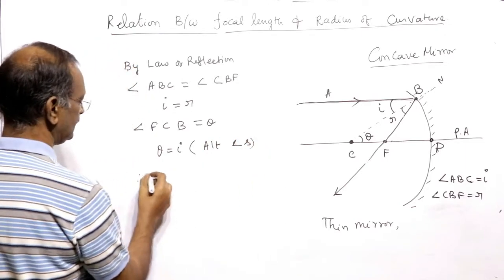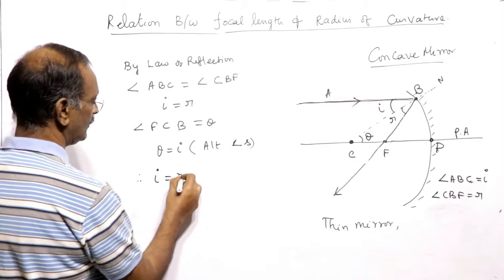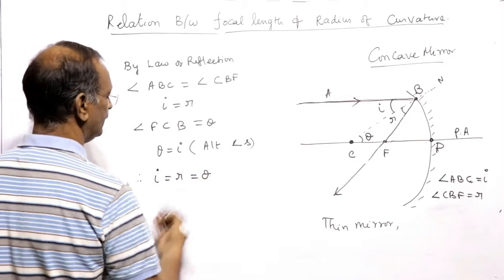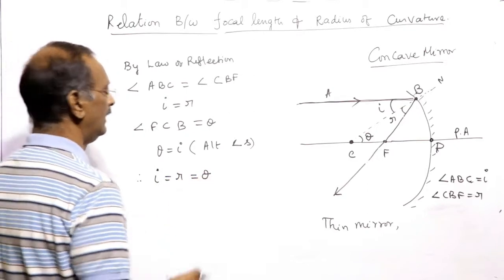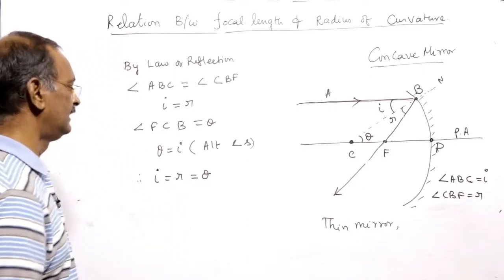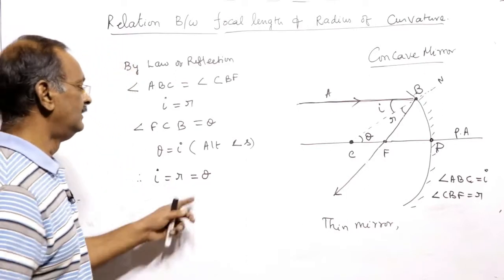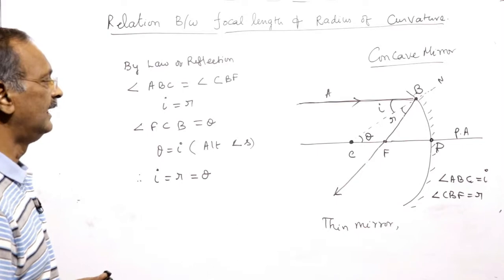Therefore, I is equal to R is equal to theta, so the angle of incidence is equal to the angle of reflection and to theta. All the three angles are equal.